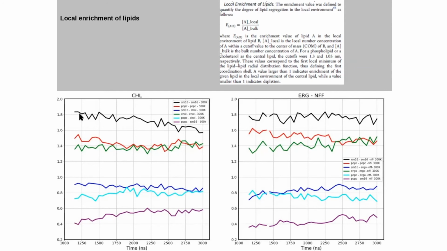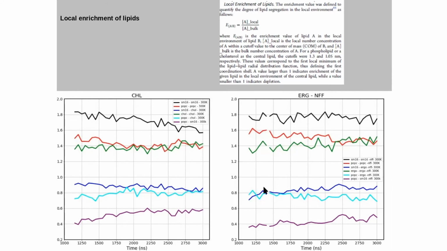We made a domain as a starting point, but that domain is losing its identity. The domain is vanishing. Whereas in the ergosterol with the new force field, the domains remain very much the same.